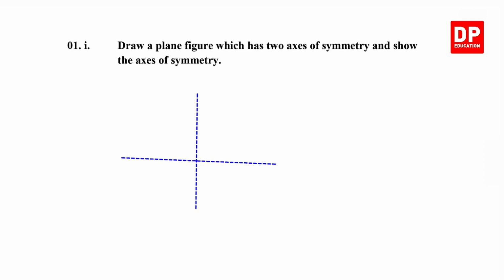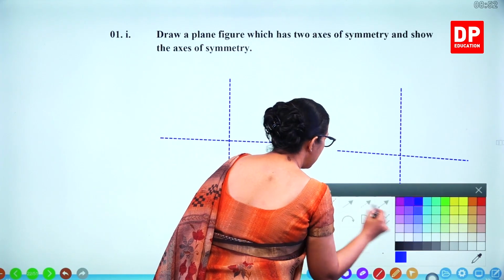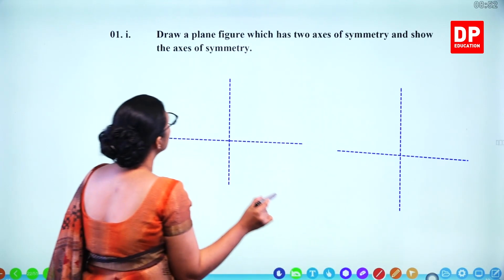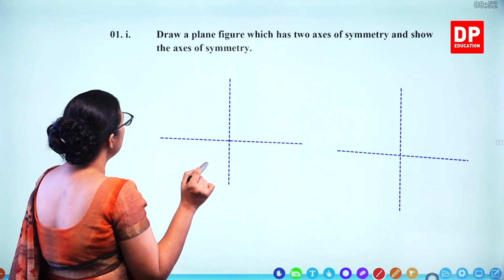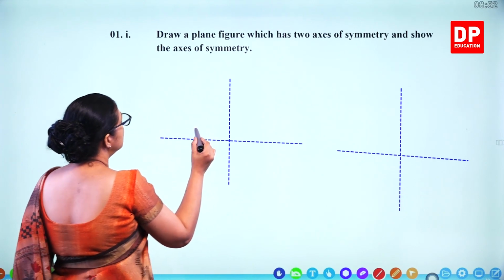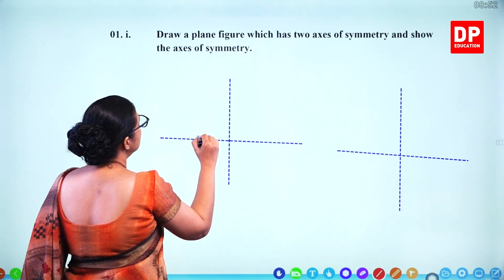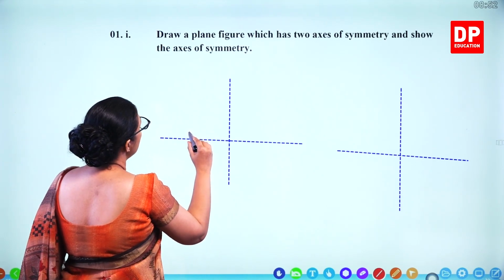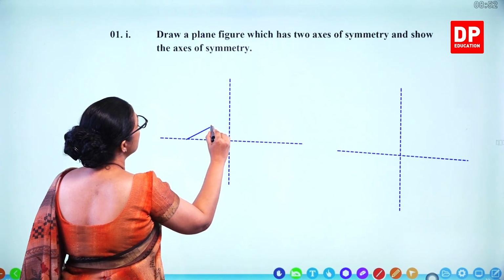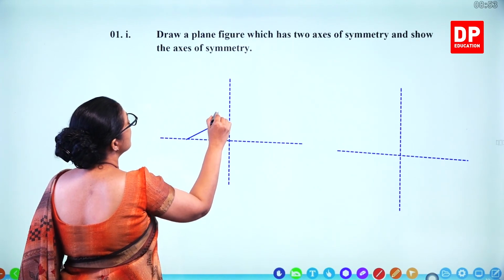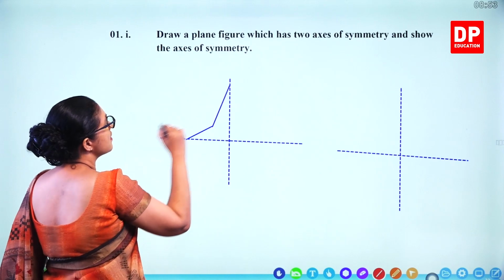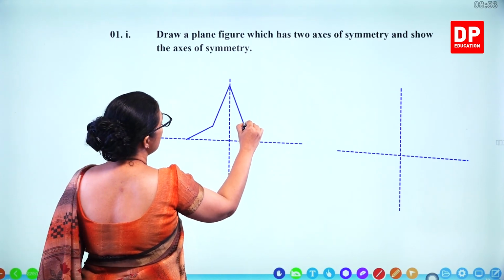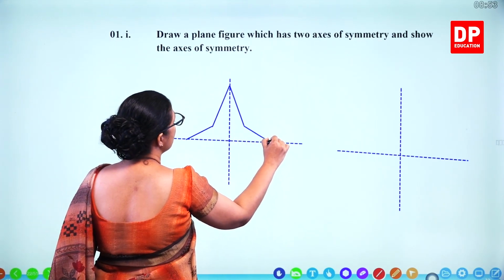So we'll first draw the axis of symmetry and then we can complete the diagram. You can complete in any order. So I can take something like this and draw the same thing this way.